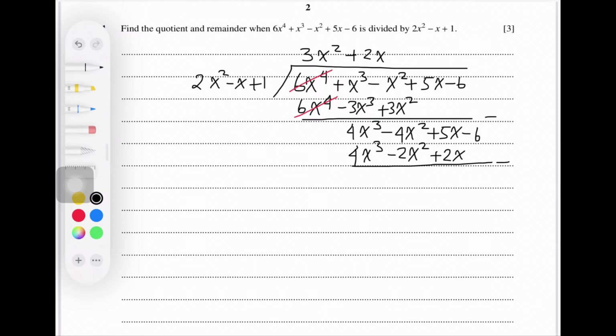We do the same process, subtract again. Here we can cancel 4x cubed.